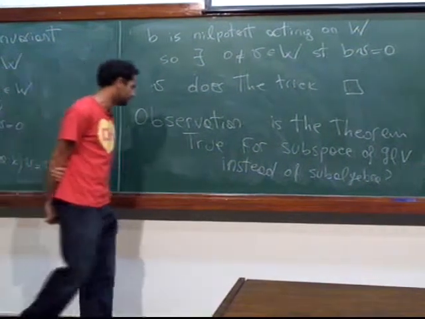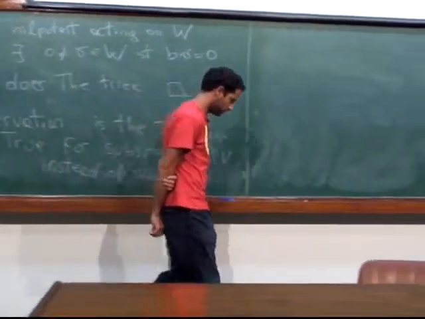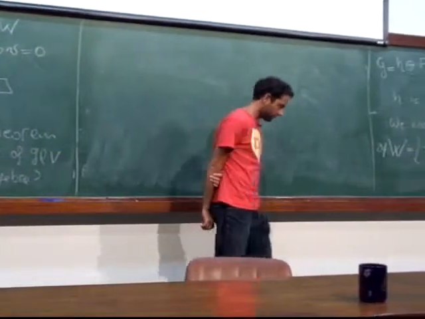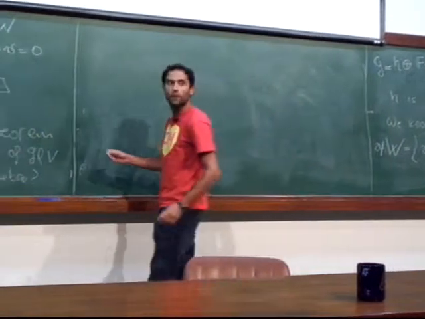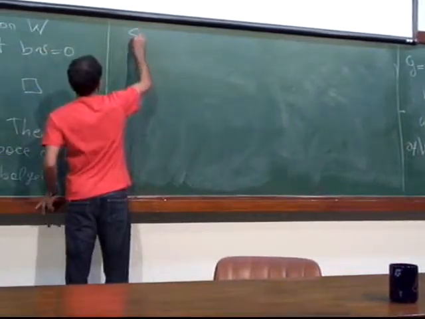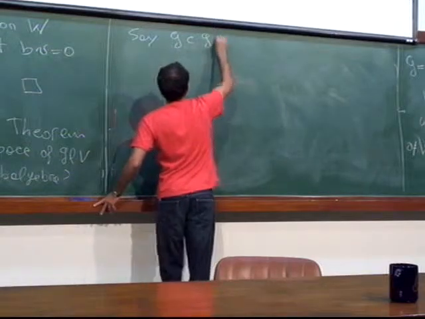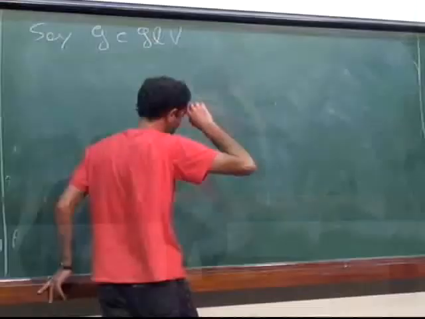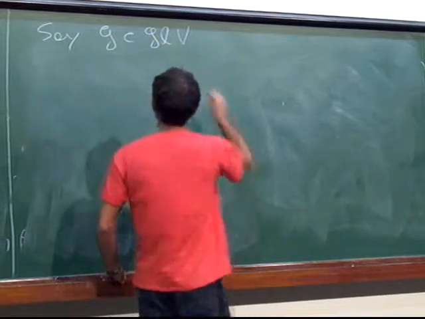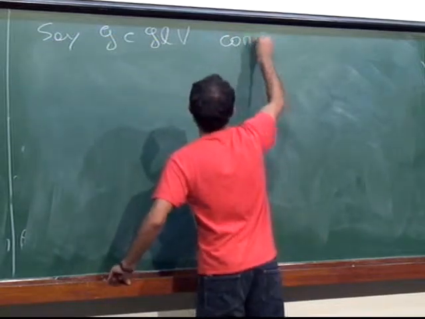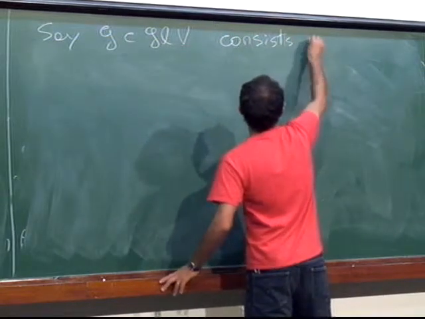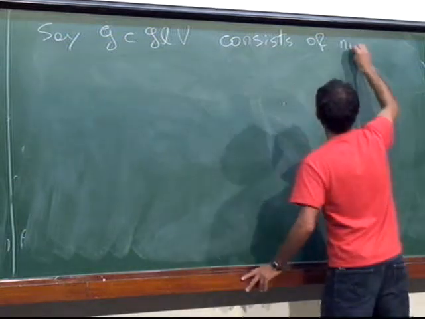Okay, the first thing to do is the following. Say G inside of GLV consists of nilpotent operators.